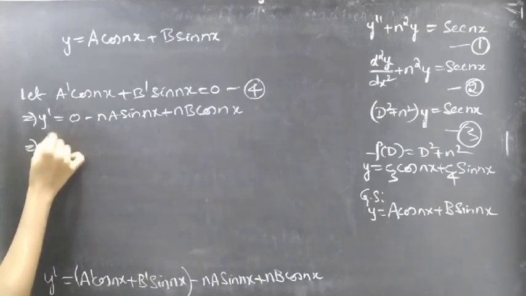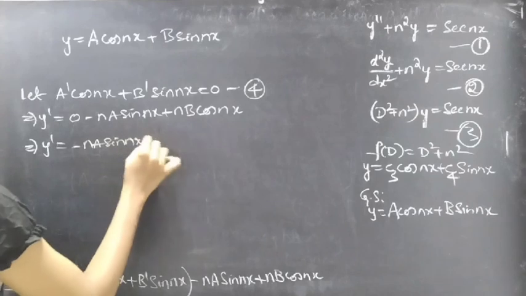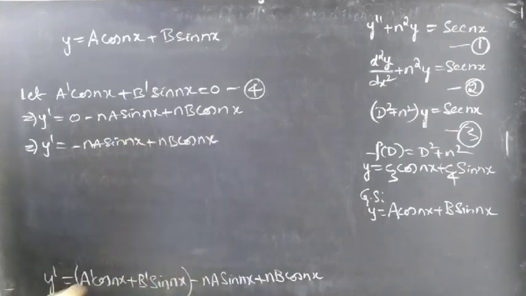We'll get y dash equals to minus na sin nx plus nb cos nx. So we have considered a dash cos nx plus b dash sin nx equals to 0, so that a double dash and b double dash will not appear while finding y double dash.